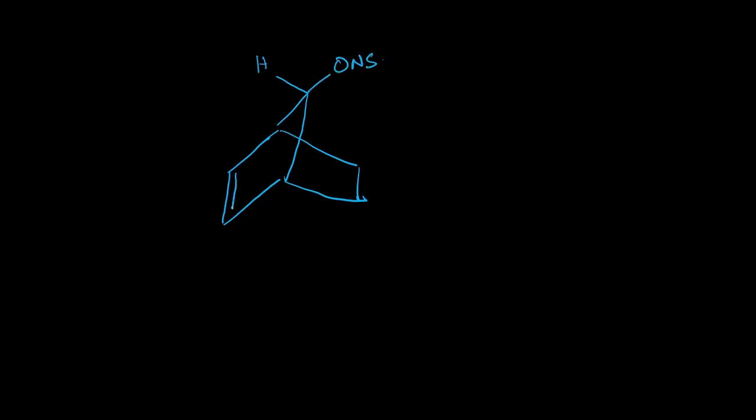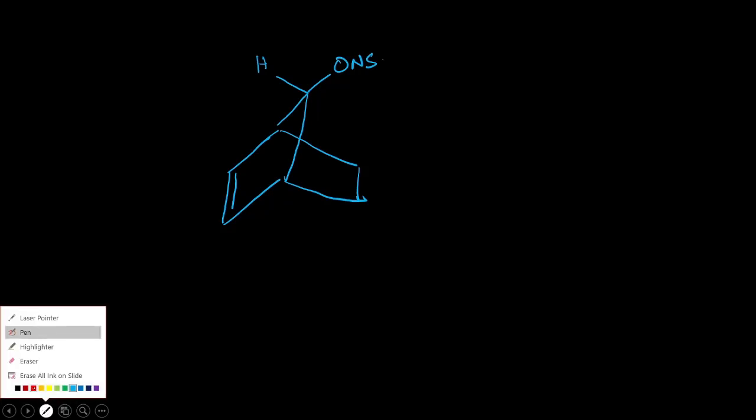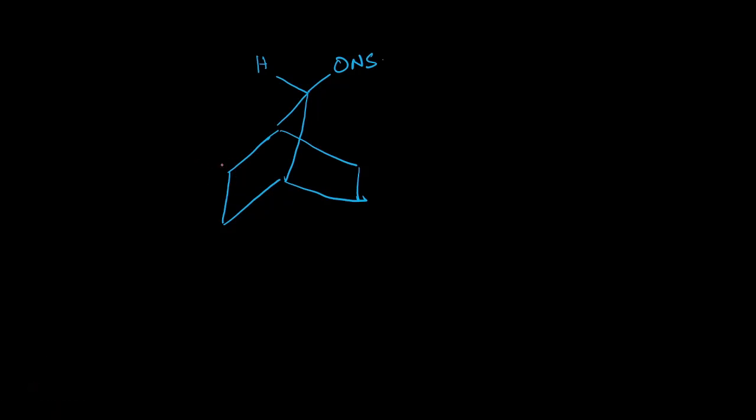So this pi bond can polarize itself. Okay, we have a pi bond density here. This pi bond density can polarize itself towards the leaving group.